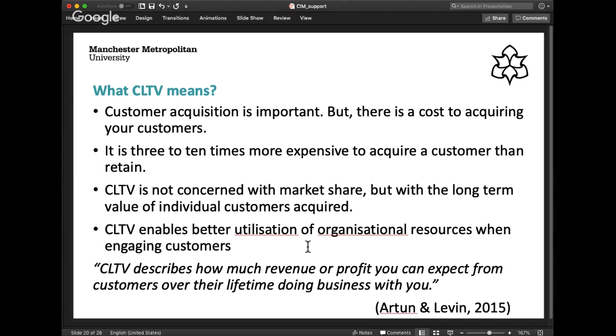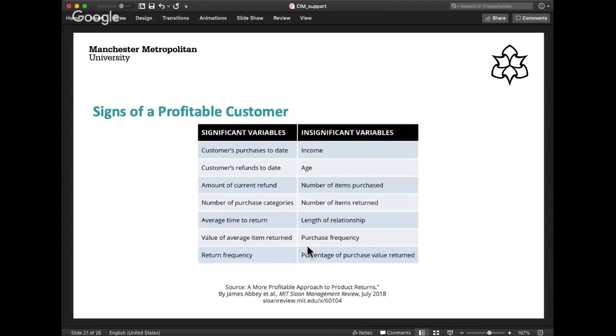And what this does is, when we look at how valuable a customer is over a long term, it enables us to actually utilise our organisational resources much more effectively to target customers that we know are profitable, and to intentionally not remarket to unprofitable customers that are actually not doing much business with us. So we need to think about that.